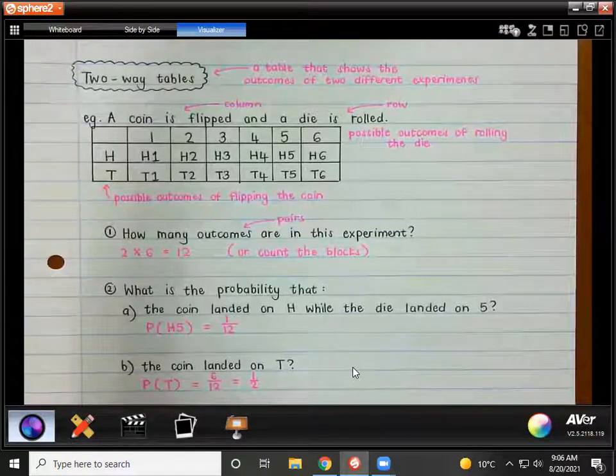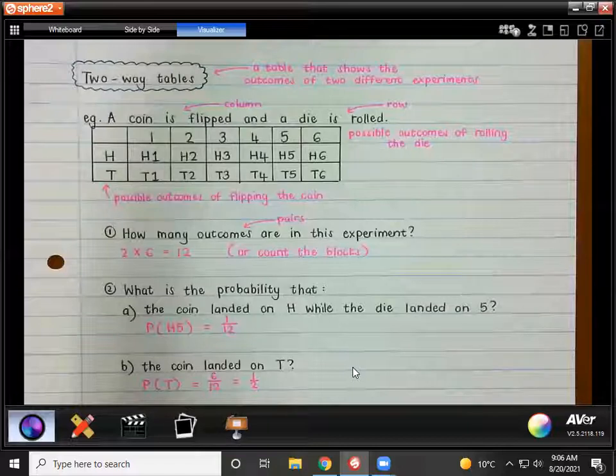So far we've done 1 experiment, we flipped a coin. But if we did flipping a coin and rolling a die, we could have used a tree diagram to show that, or we can use the two-way table. So just copy that down and then I'll run through the explanation.